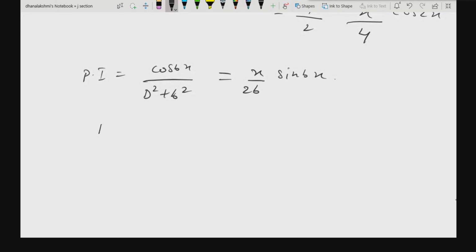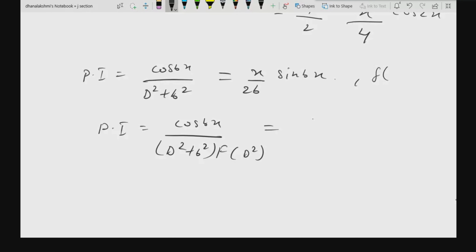Now similarly, the question can be cos bx by d square plus b square into some function in terms of d square. Here, since f of minus b square is equal to 0, in this case you will apply this, and here this will be 1 by phi of minus b square.